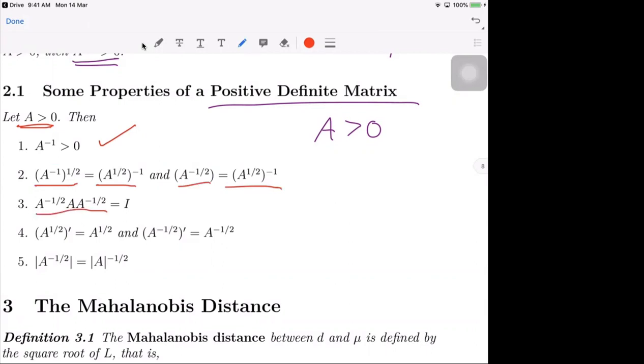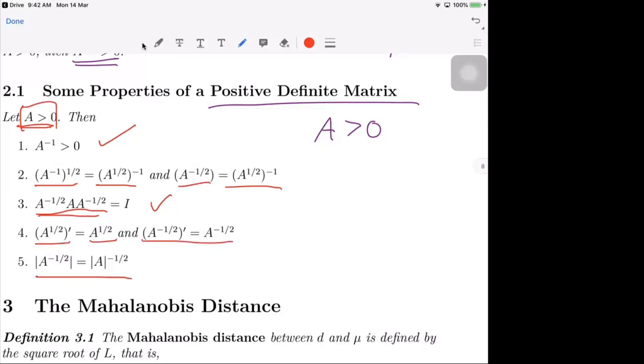Since it's positive definite, the inverse exists, so this product of matrices here is just the identity matrix because the inverse exists. The transpose is just equal to that.